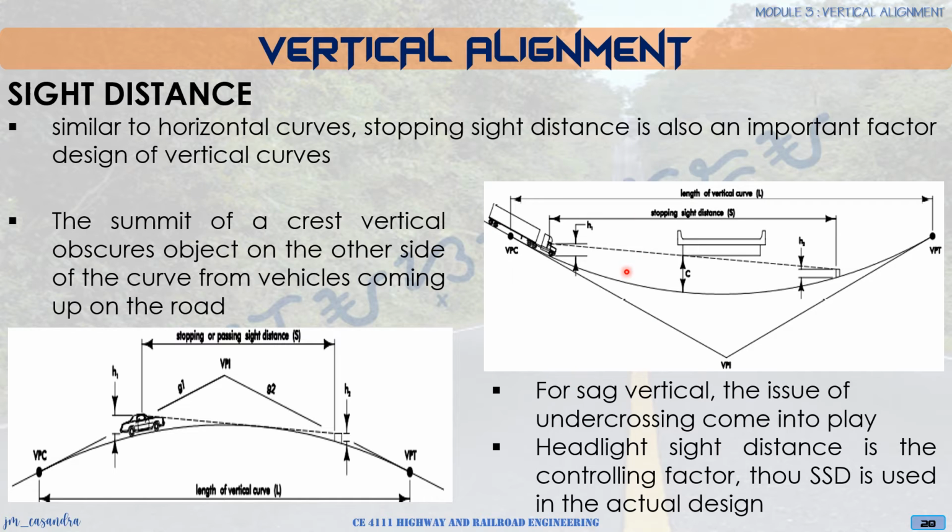So during nighttime, doon nagkakaroon ng problema. So for sag curves, the headlight sight distance would be your controlling factor in your design. Though in actual design, what is used would be the stopping sight distance. But our computation for that would be dependent now on the headlight height of your vehicles.